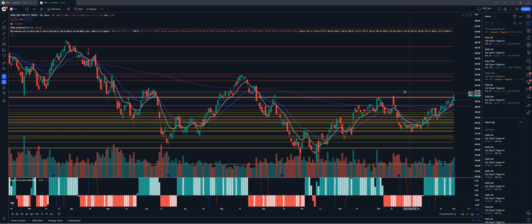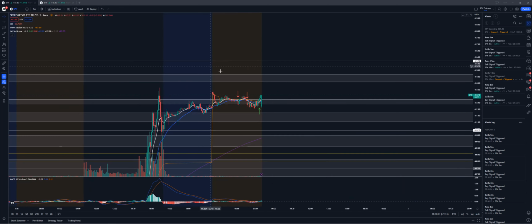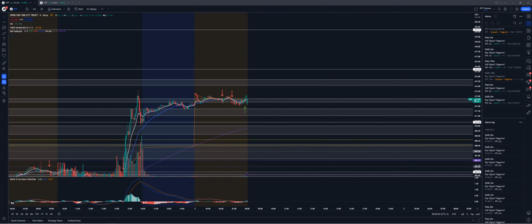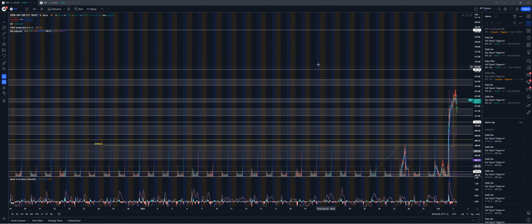With that, we now have to go all the way back to September if we want to analyze previous price action in that range above the 410 level. So we're going to have to go pretty far back to grab some zones that we care about.